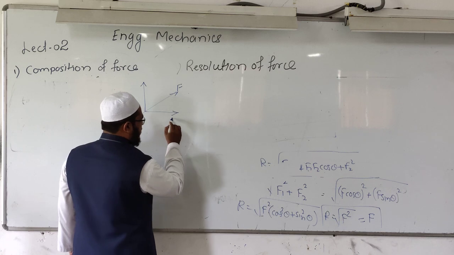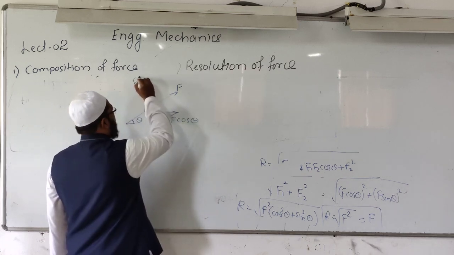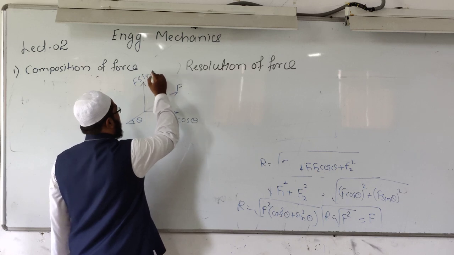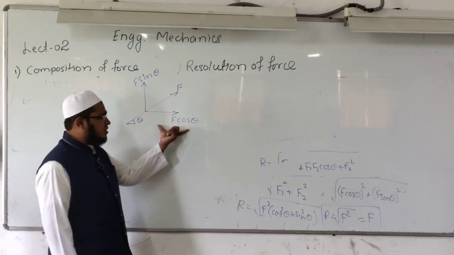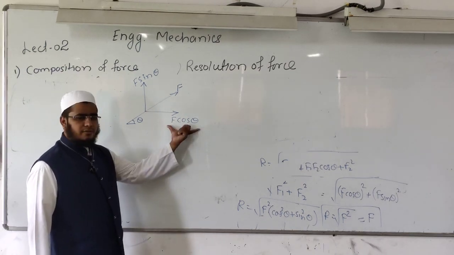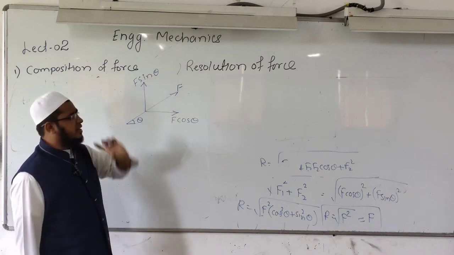The magnitude of the horizontal component will be F cos theta and the magnitude of the vertical component will be F sin theta. Horizontal force cos of angle, vertical force sin of angle.